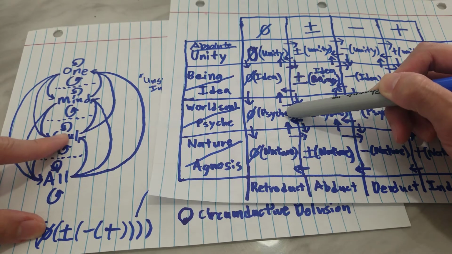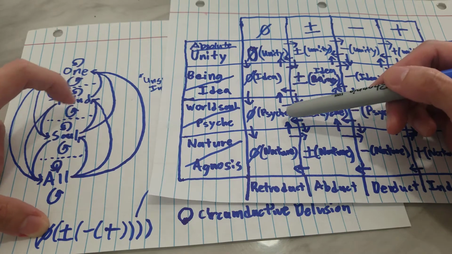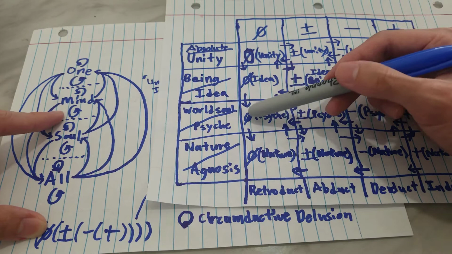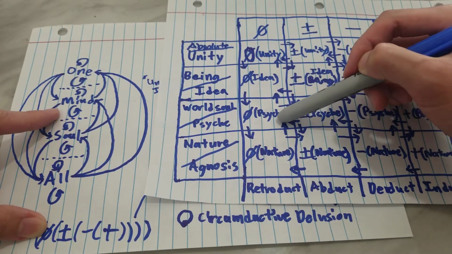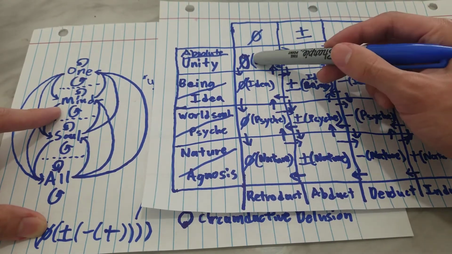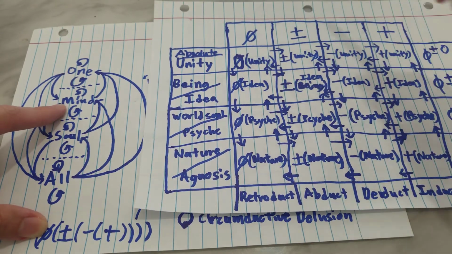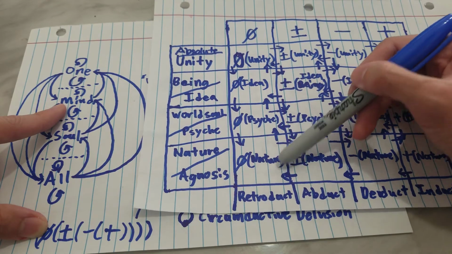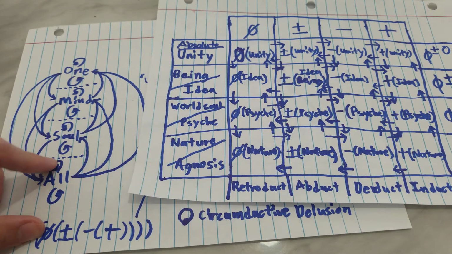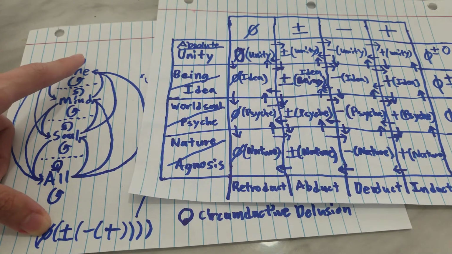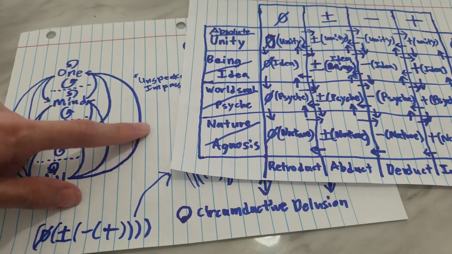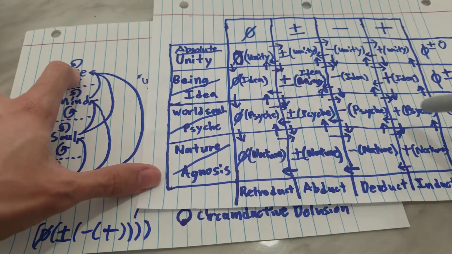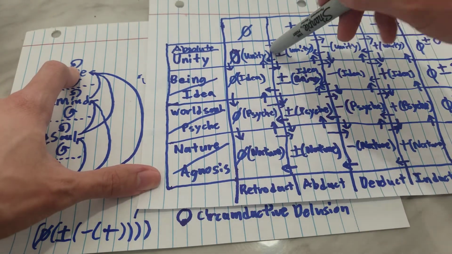From the soul to the one, the retroductive aspect of the psyche goes upwards to the retroductive unity itself, and the retroductive nature from the all to the one is this part on this side. So this from here to there.